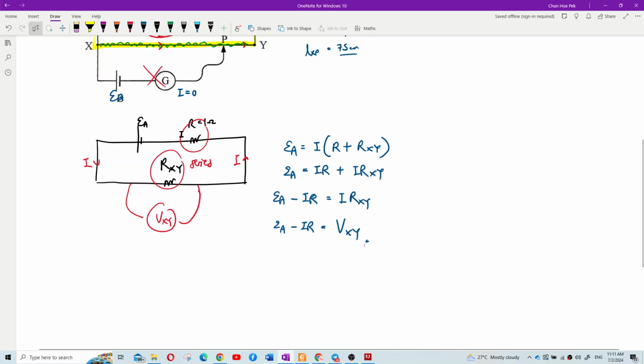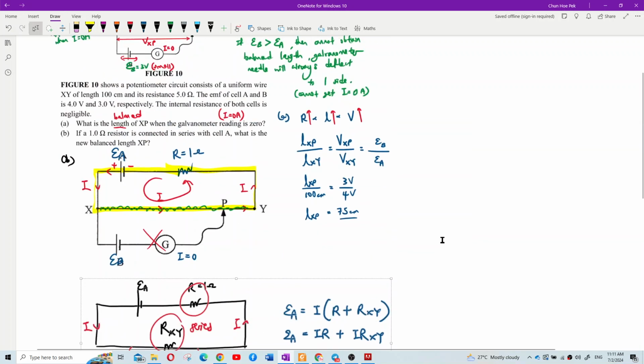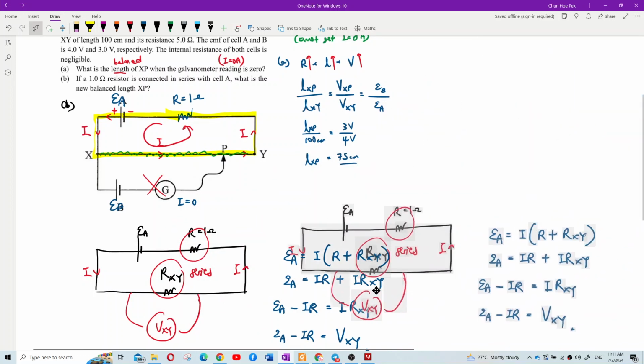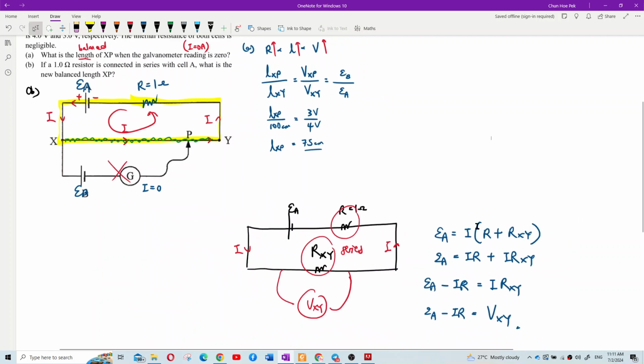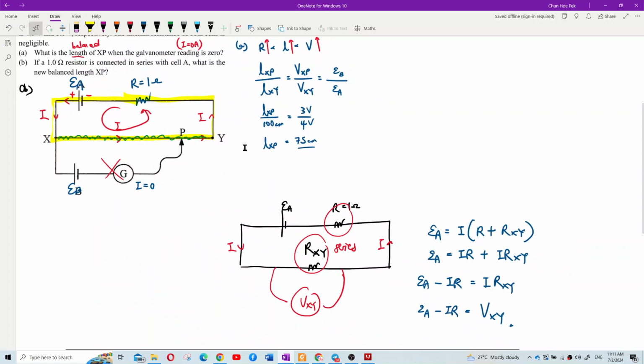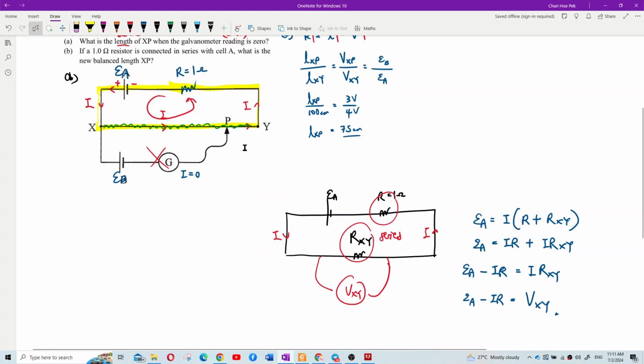Okay? And why is this important? Why do I need to tell you this? Because I want to find the new balance length. You have a resistor over here. So I also use the ratio LXP over LXY.